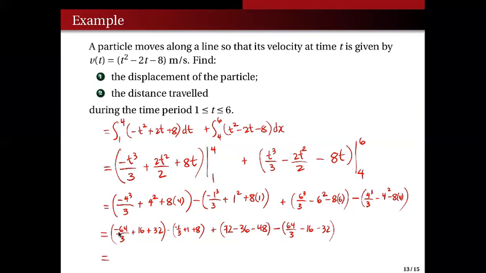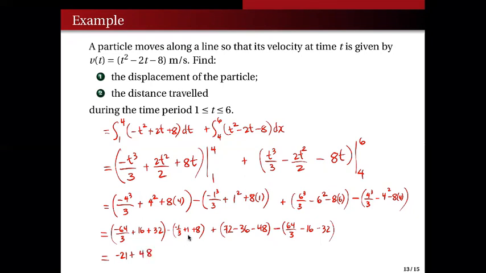You have here minus 64. So minus minus, that's plus. So minus 64 plus 1 over 3, that becomes minus 63 over 3. So you have here minus 21 plus 16 plus 32. So 16 plus 32, that's 48.